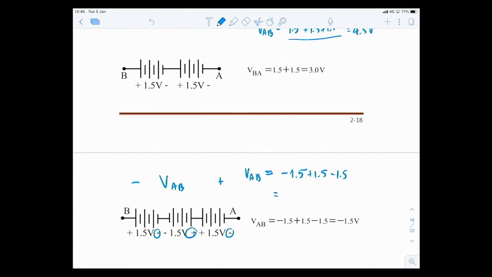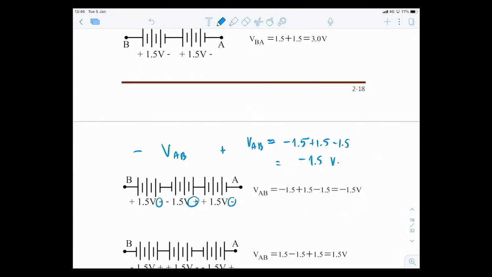So VAB equals minus 1.5 volts. Since I said A is positive, I have to write VAB equals minus 1.5 volts.